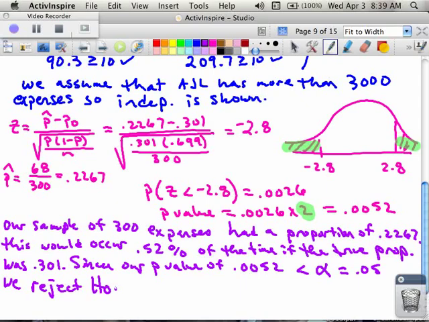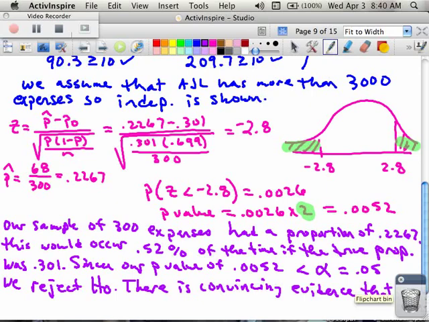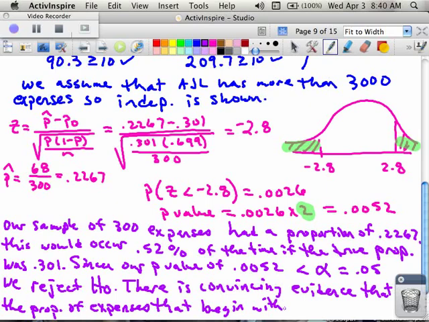Or in other words, there is convincing evidence that the proportion of expenses that begin with a 1 is not 0.301.